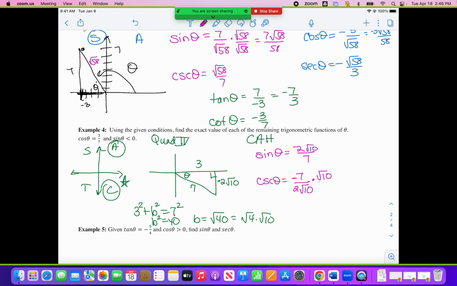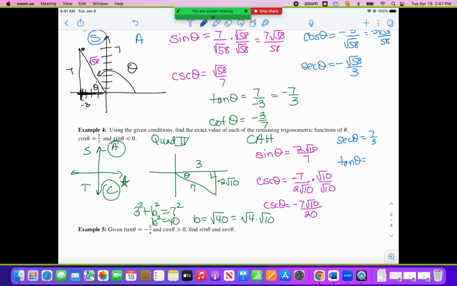So I've got to rationalize it. 2 times 10 is 20. All right, does everybody see that? Sine theta is from SOHCAHTOA, opposite over hypotenuse, and it's always from the x-axis, okay, from your theta. I have cosine, so secant is 7 over 3.